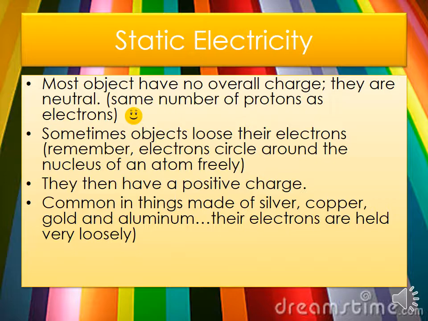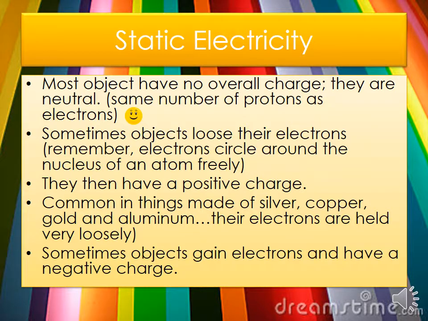Generally, metals tend to hold on to their electrons pretty loosely, and they make really good conductors, and we'll talk about conductors a little later as well. Usually these types of metals will get an overall positive charge because their electrons are held on loosely, and they can get transferred from one atom to the next pretty easily.